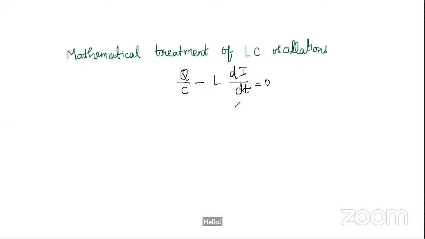So here, due to the flow of this current, there is a decreasing charge in the capacitor. As you know very well, when the capacitor starts discharging, the current flowing through the circuit increases. So the current is actually equal to minus dq by dt.